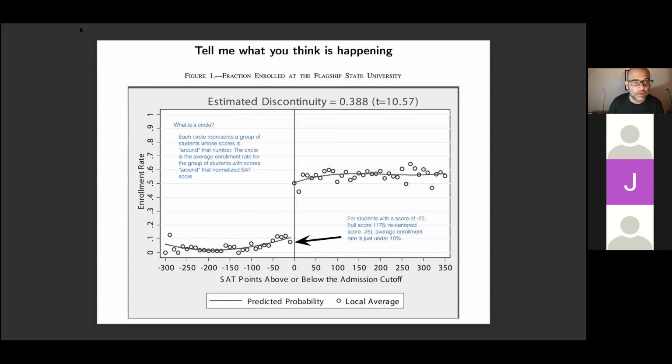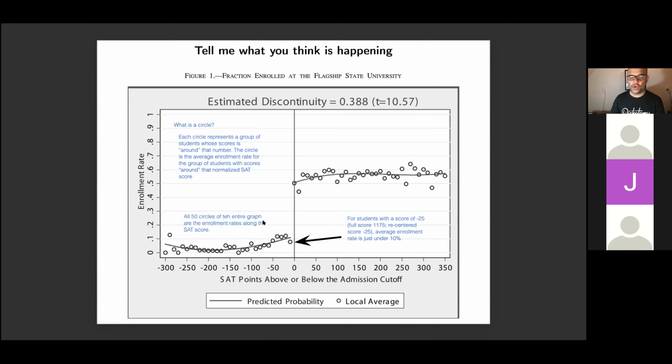Okay, so that's what these all are. These are just the enrollment rates along the running variable. So all 25 or all 50 circles of the entire graph are the enrollment rates along the SAT score.